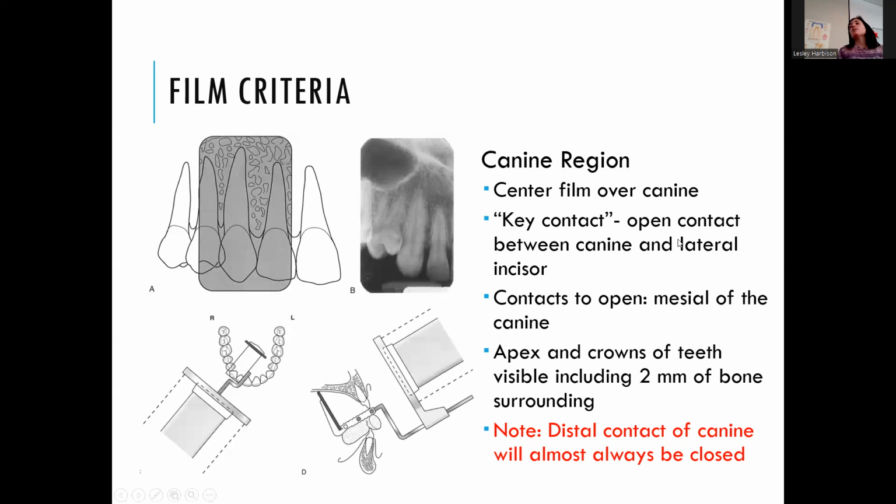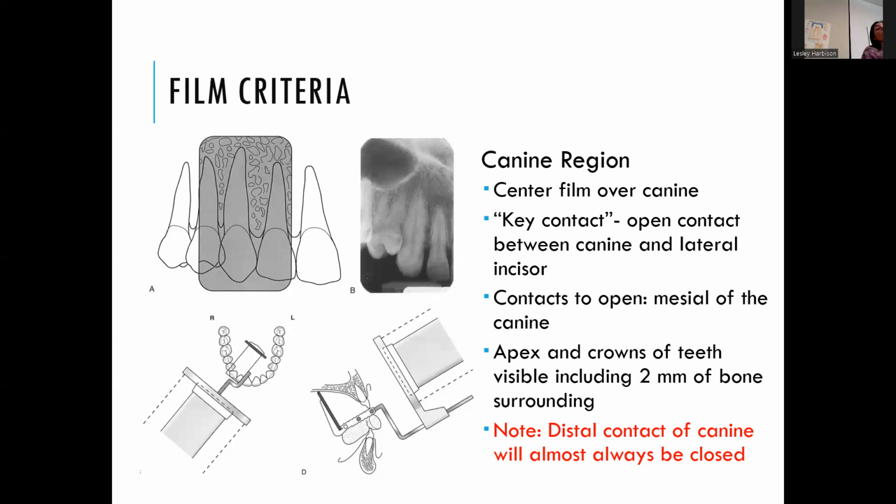The key contact to open is between the canine and the lateral. So you want to open the mesial of the canine and the distal of the lateral. Contacts to open are basically everything mesial of the canine. The distal of the canine is going to be a given; 99% of the time it will be closed.